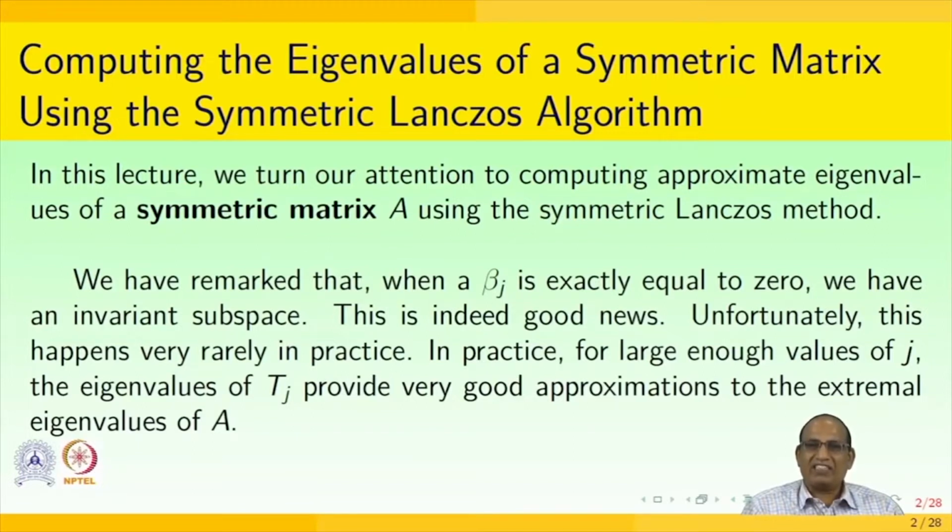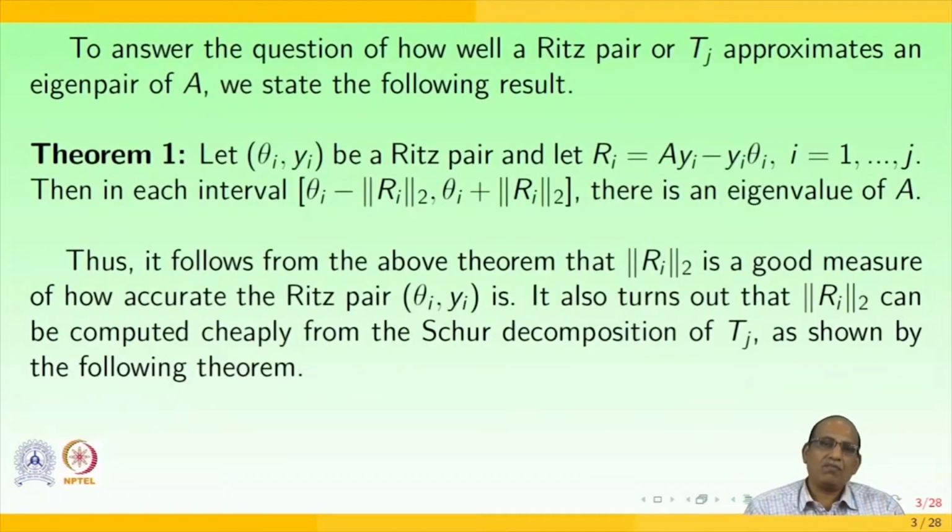In practice, for large enough values of j, the eigenvalues of Tj provide very good approximation to the extreme eigenvalues of the coefficient matrix A.